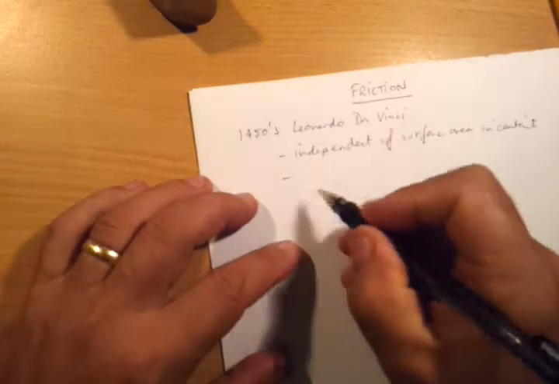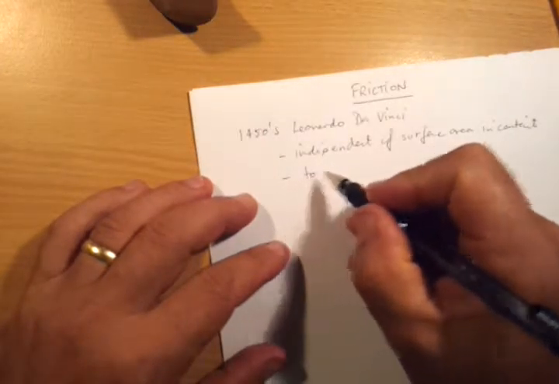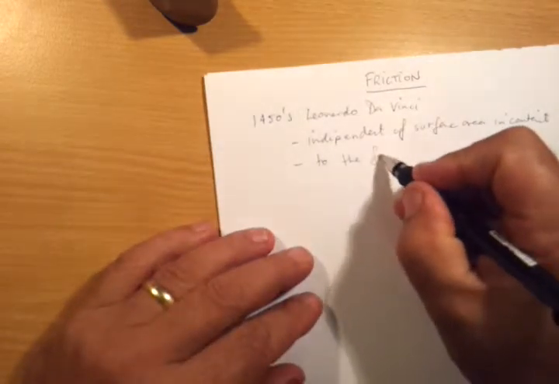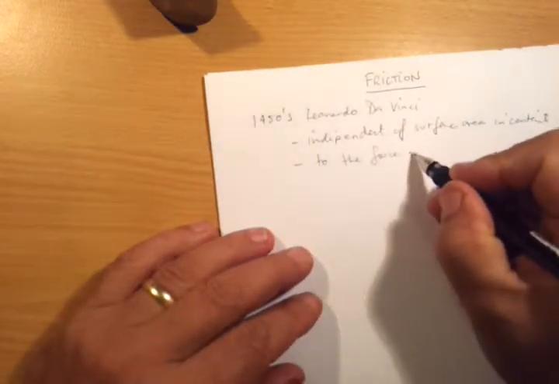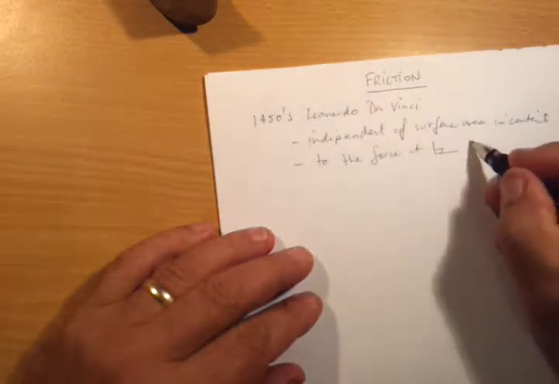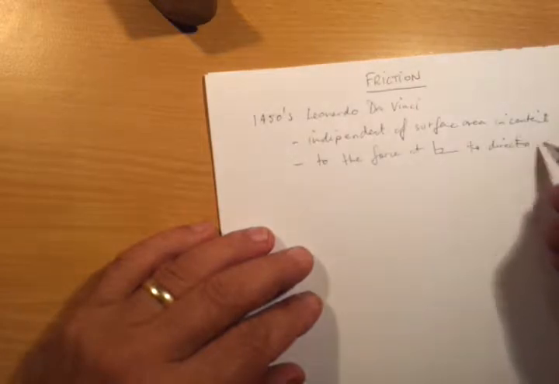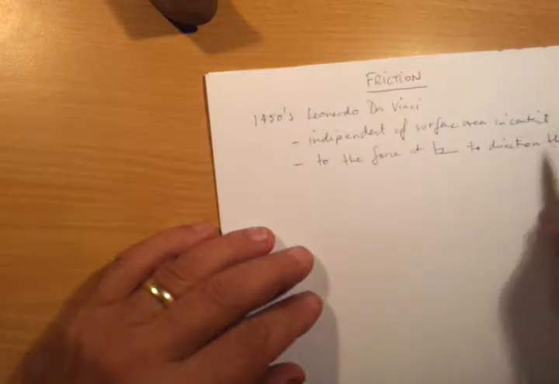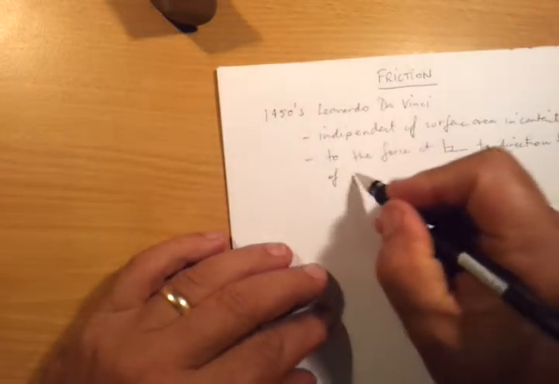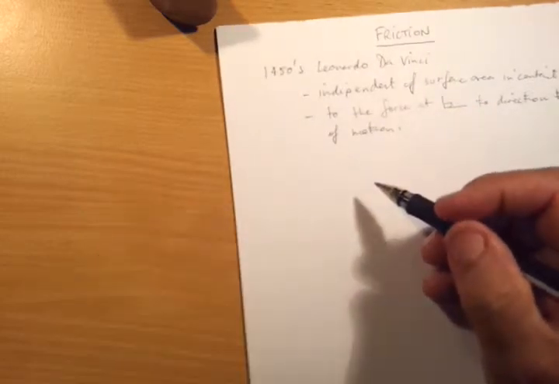And the second one was that friction was directly proportional to the force at right angles to the direction of motion. So the harder you push things together, the harder it is for them to move. Okay, so that was Leonardo's observations. They were developed on later on.